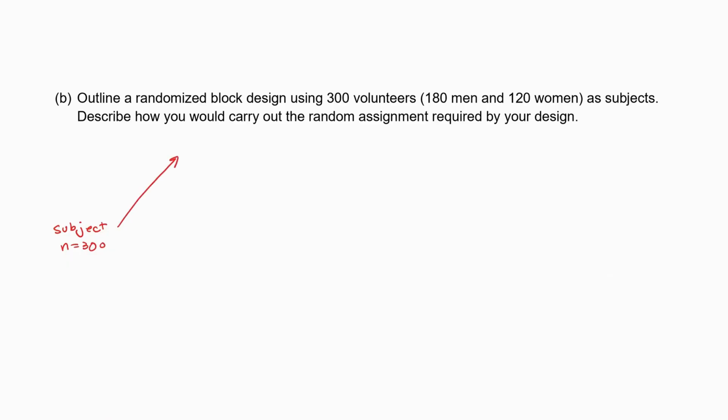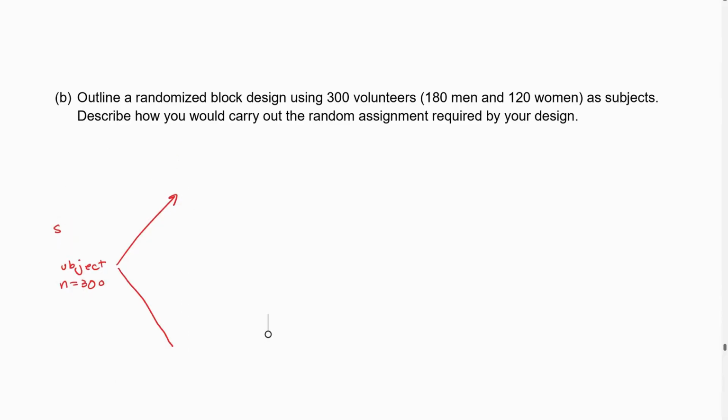Now let's block for our men, where there's 180 of them, and then our women, where there's 120 of them. All right, and again, this step is called blocking.